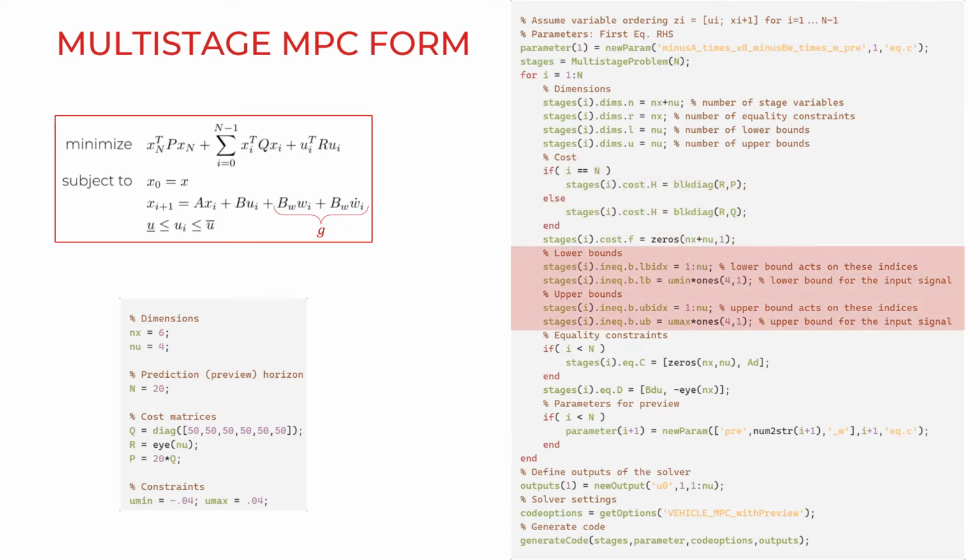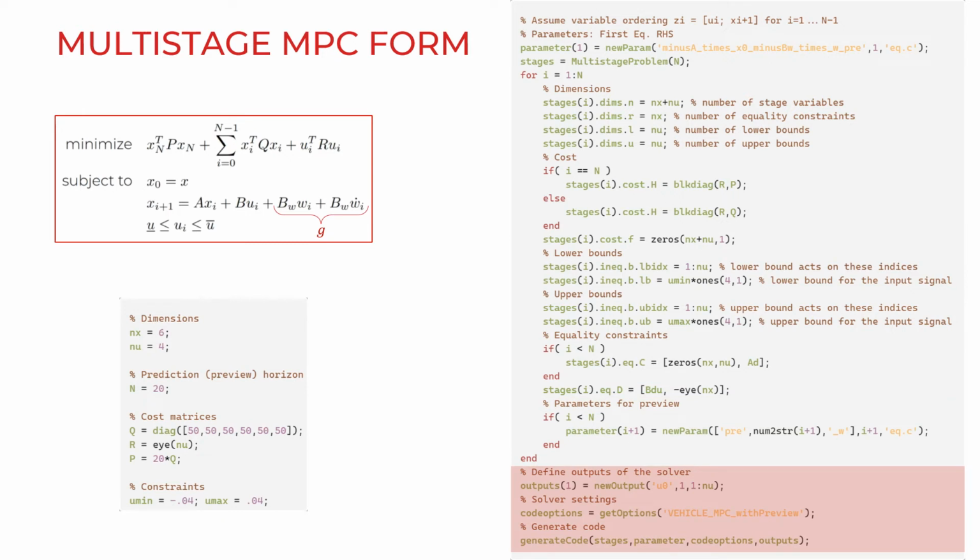The lower and upper bounds on control inputs are defined by prescribing the indices of those variables within the decision vector, followed by the actual values of the upper and lower limit. Equality constraints capture the system dynamics and are comprised of the previously introduced state space matrices. Finally, we define parameters that will be provided as preview information at runtime.